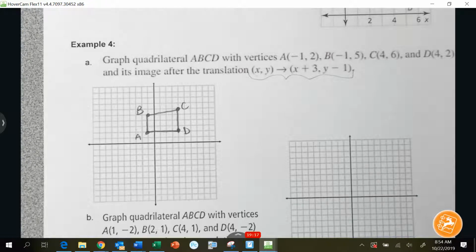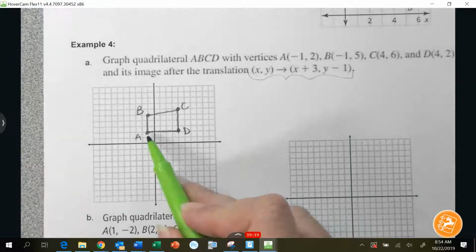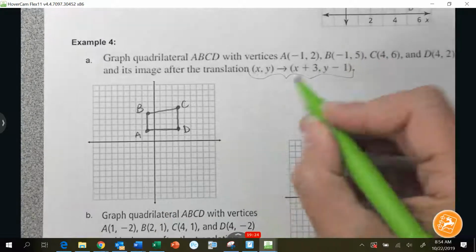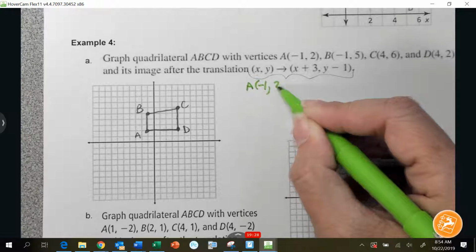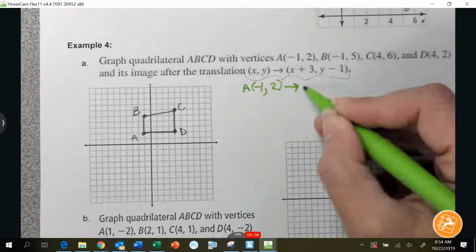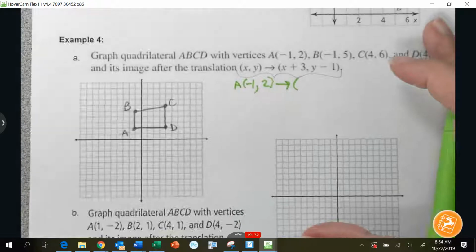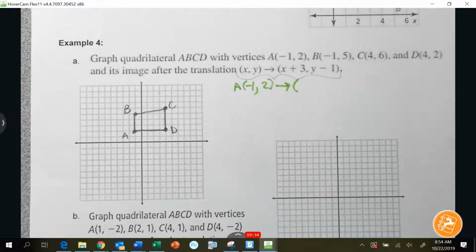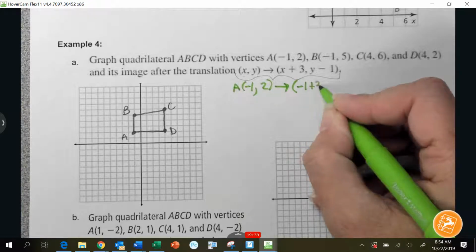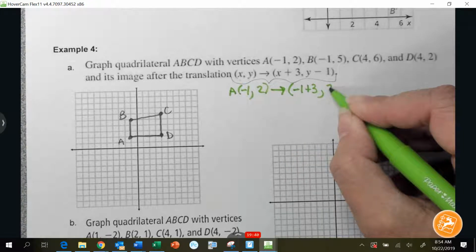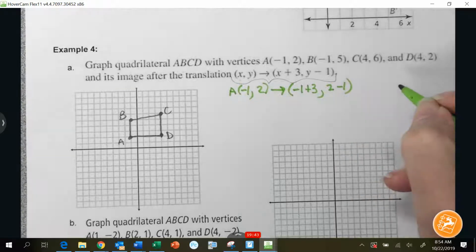What am I going to do to the A point to find the new A point? Add 3. Perfect. So I can do that without even having a graph.